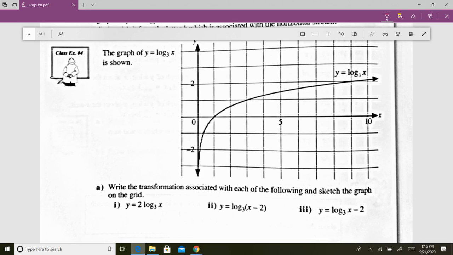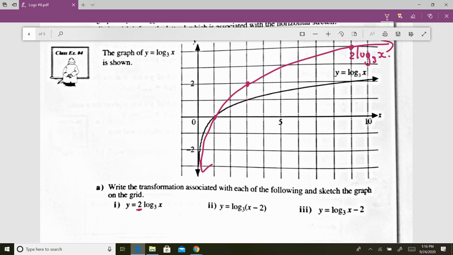We've got the same graph, log base 3 of x. Now, if I put a 2 in front of it, what does that 2 do? Vertical stretch by 2. So it takes all my y values and they get multiplied by 2. But that's really the only thing that changes. It just gets steeper. 2 log base 3 of x.